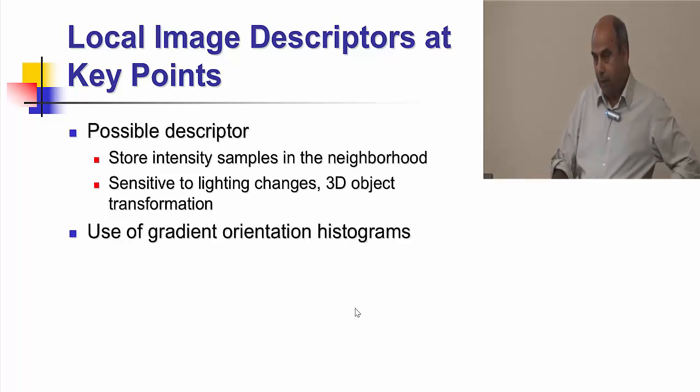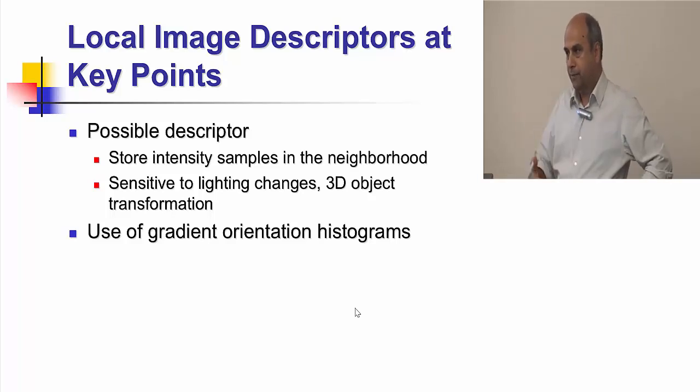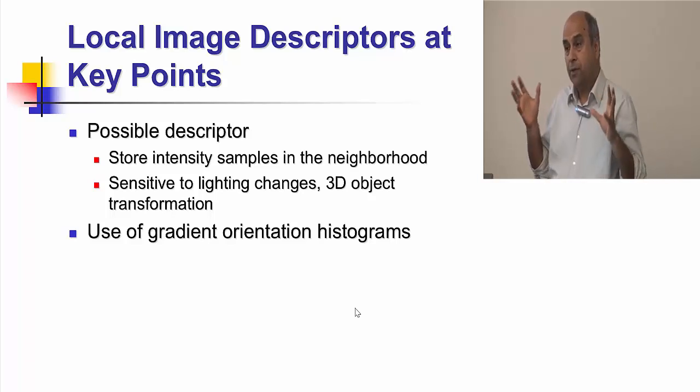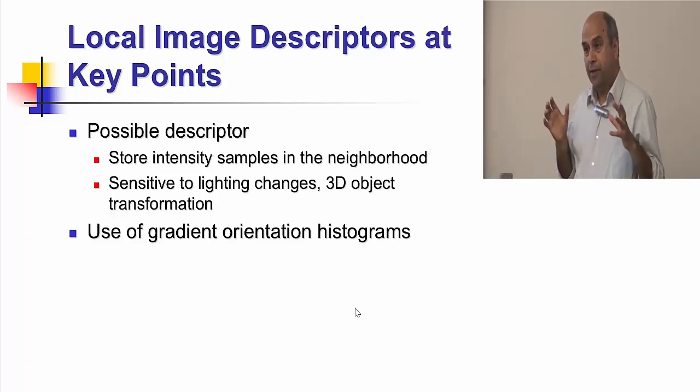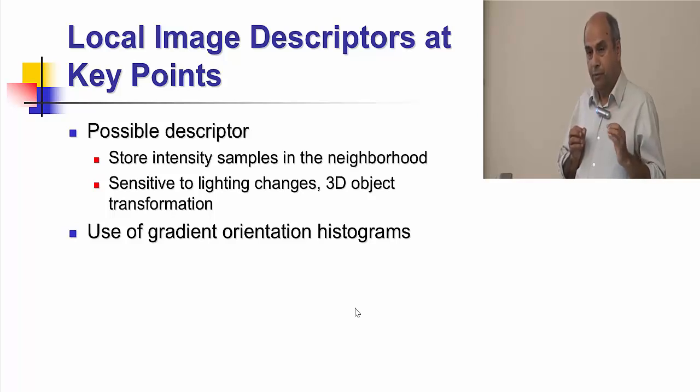So what we are going to do is use the gradient orientation histograms again, as we did for finding the dominating orientation. We'll use this again for finding a descriptor, and you will find out, in the next one called HOG, there also we are going to use orientation. So orientation of the gradient is a very important feature which will be very useful.